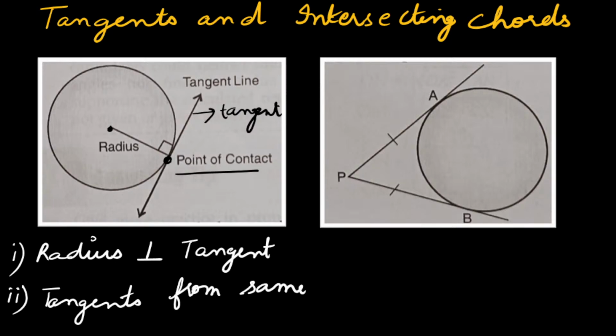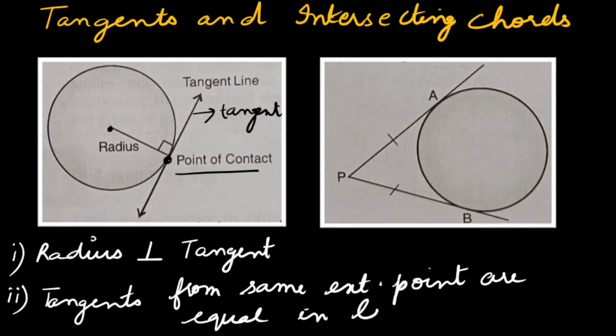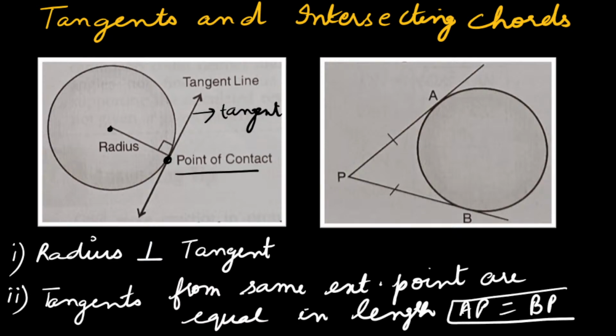Here P is the exterior point, and from P only these two tangents are drawn. It means AP is equal to BP.